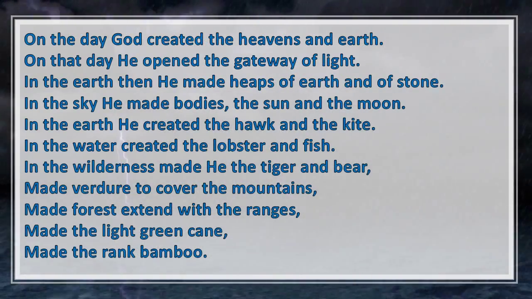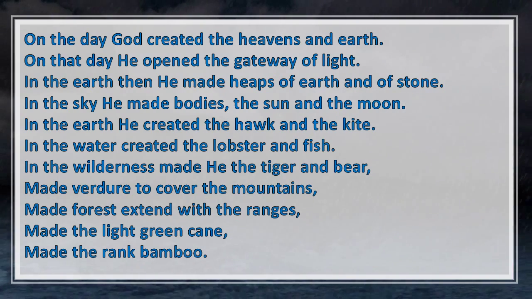On the day God created the heavens and the earth, on that day he opened the gateway of light. In the earth then he made heaps of earth and of stone. In the sky he made bodies, the sun and the moon. In the earth he created the hawk and the kite. In the water created the lobster and fish.